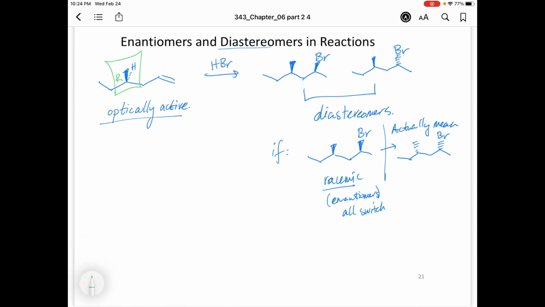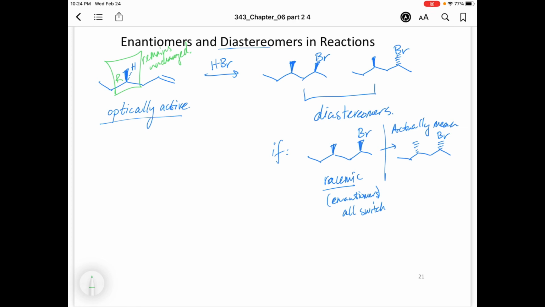No chemistry occurred at this R stereocenter. It remains unchanged. And we know this because we know the mechanism. We know the mechanism doesn't change that stereocenter.